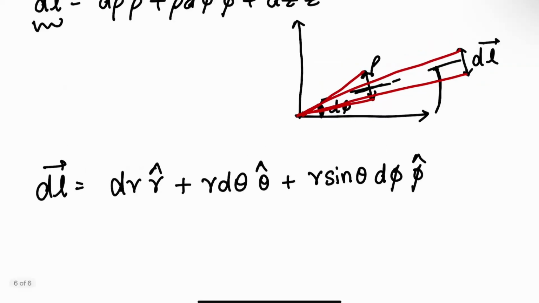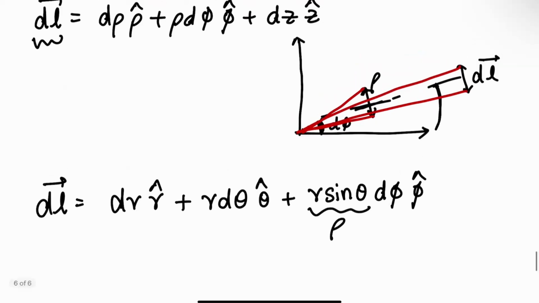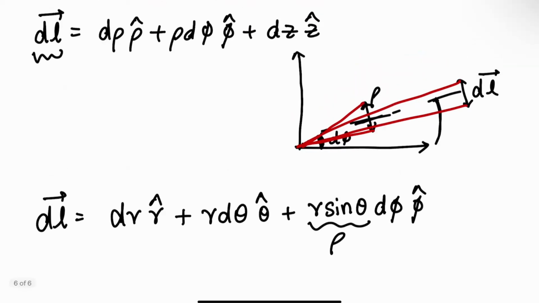And once again, this should make sense. This is nothing but rho. So along phi hat, this is the same thing as what we had earlier, which is rho d phi. So when you project it down, you have to be a little bit careful by adding this r sine theta term.